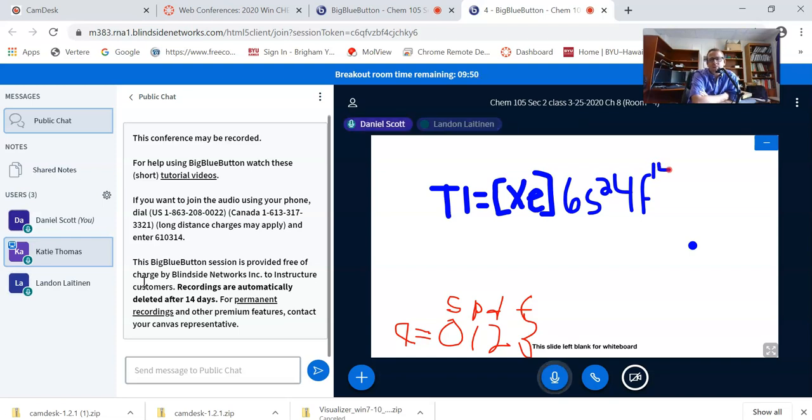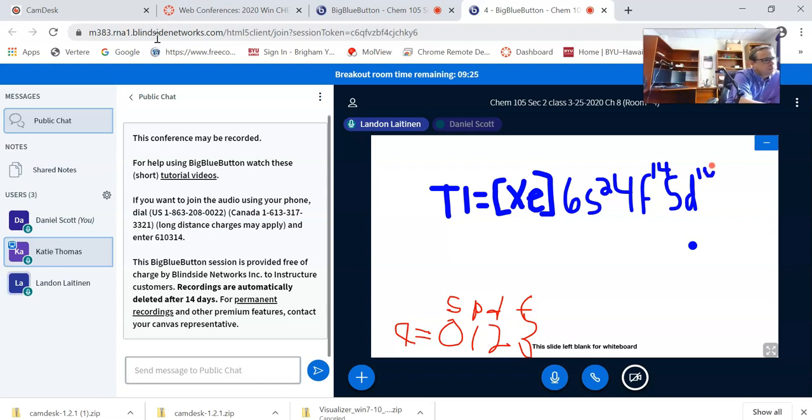And then after we're done filling up the 4f, what do we got? The d block. Yeah, then we're in the d block. So we go across the d block all the way. 5d, that is still 10, right?